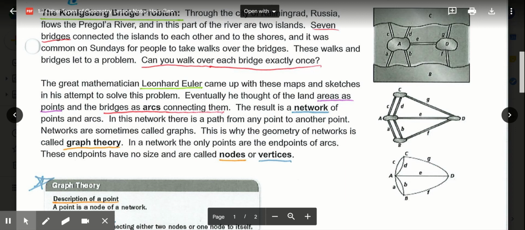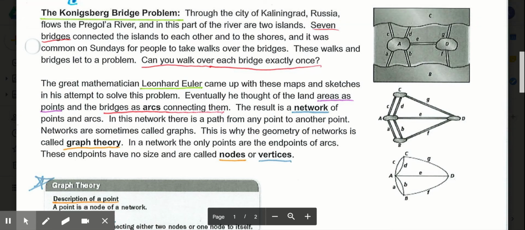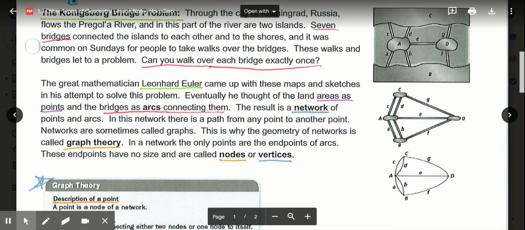So this result here, image 3 in this chain going down, 1, 2, 3, is known as a network. The arcs can look like a straight line or they can be curved, connecting our individual points, which represent our land masses A, B, C, and D here.